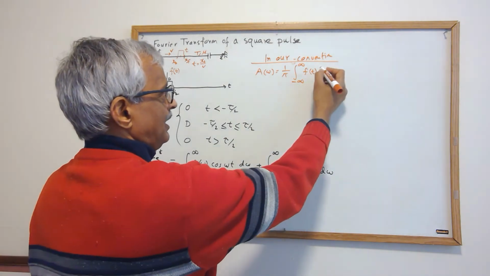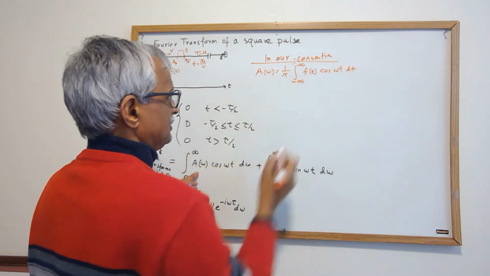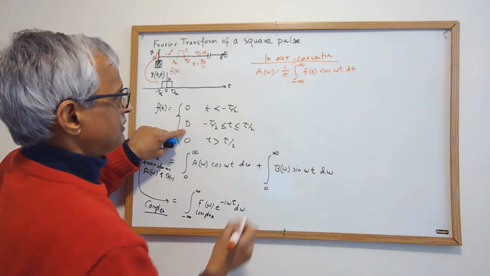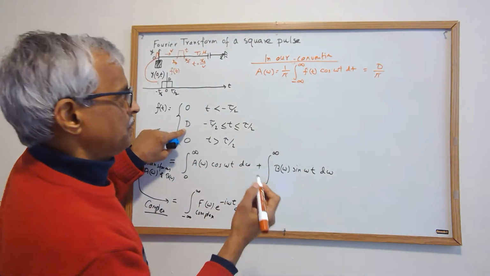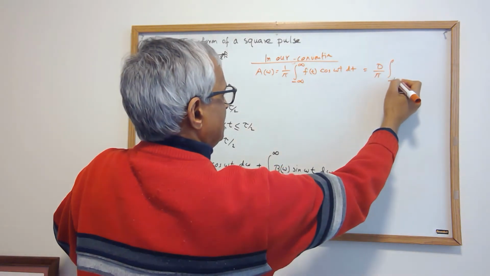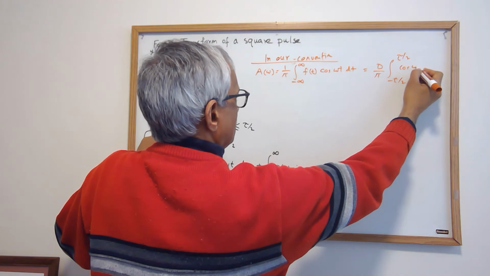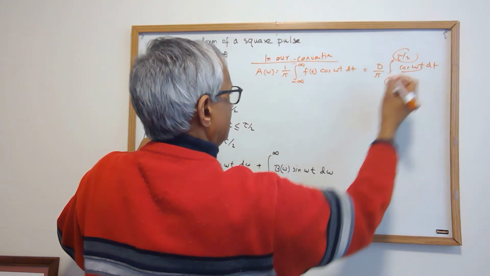And that's times cosine omega t dt. So if I put this function in there, I'm going to get D over pi. D is a constant, pull it out, the integral from minus tau over 2 to tau over 2 of cosine omega t dt. Now this is symmetric and this is even.